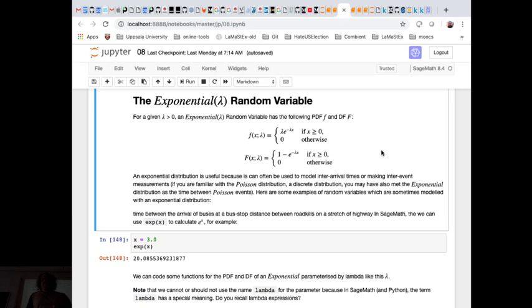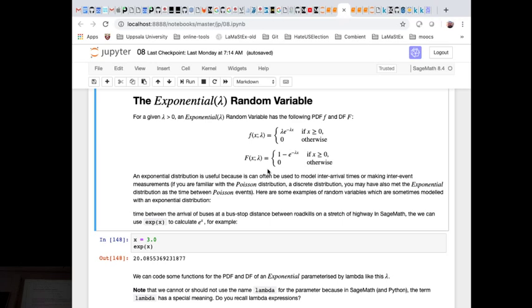It's kind of a simple model that traffic engineers use to model, say, arrival of buses, for example. So this is the probability density function, or PDF. It's lambda e to the minus lambda x if x is greater than or equal to 0 and 0 otherwise. And the distribution function is 1 minus e to the minus lambda x. So the PDF looks like this.